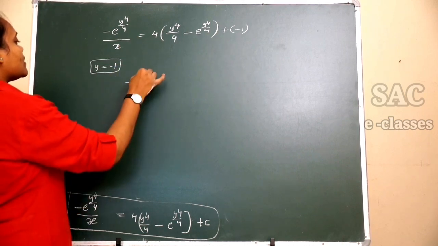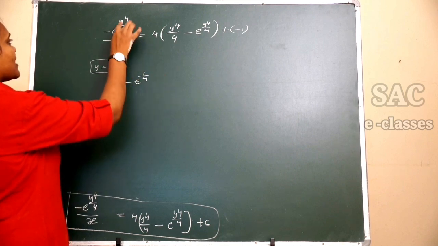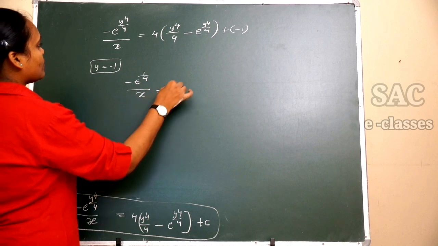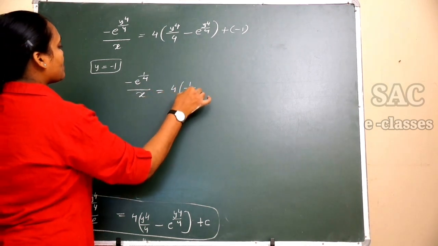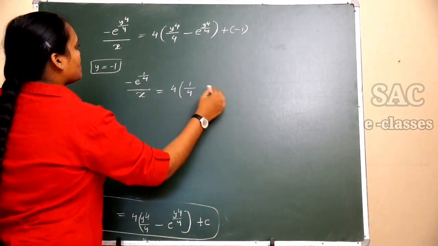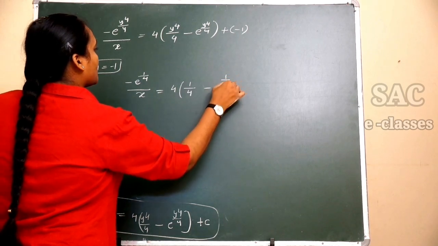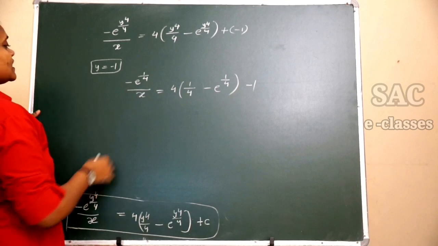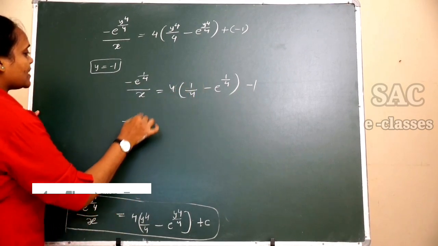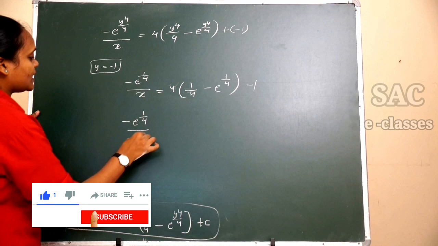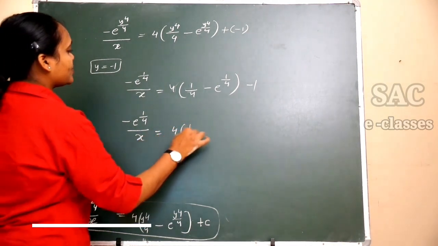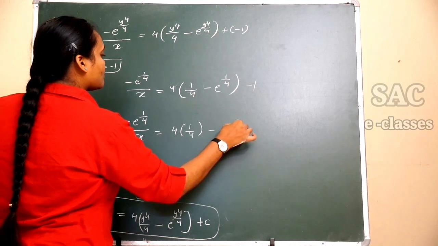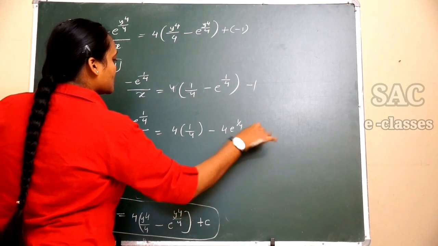Minus e power 1/4, because minus 1 whole power 4 is 1/4, by x is equal to 4 into 1/4 minus e power 1/4 minus 1. Then let us simplify. Minus e power 1/4 by x is equal to 4 into 1/4 minus 4 into e power 1/4 minus 1.